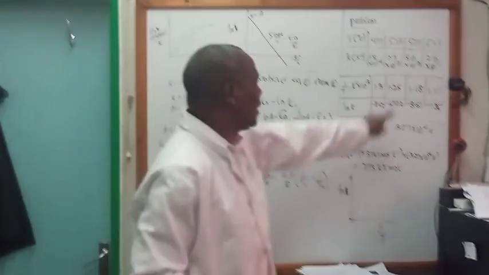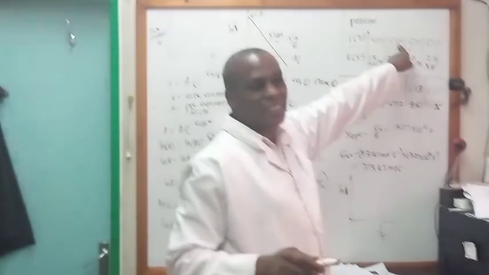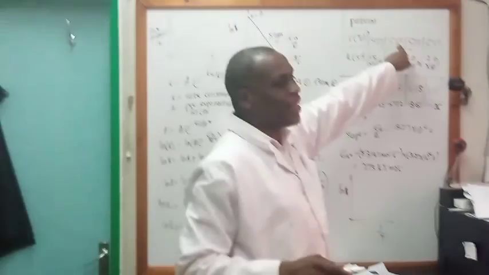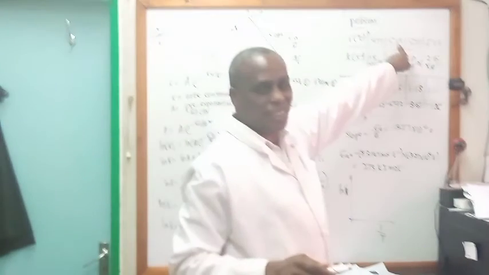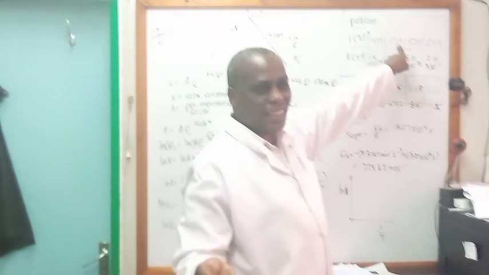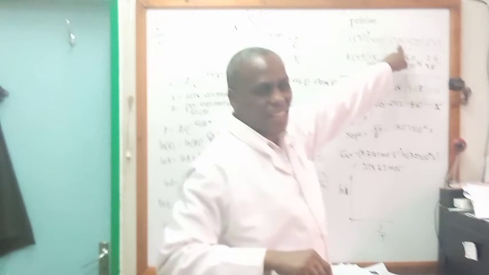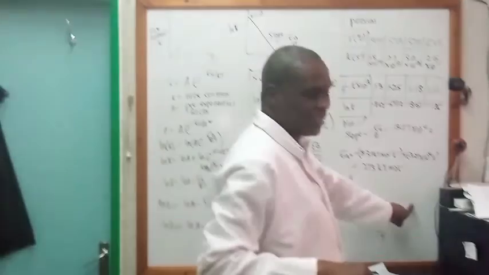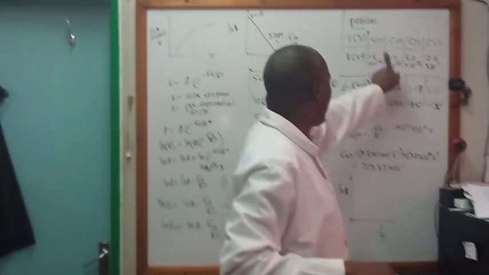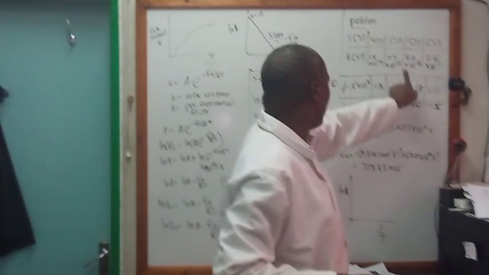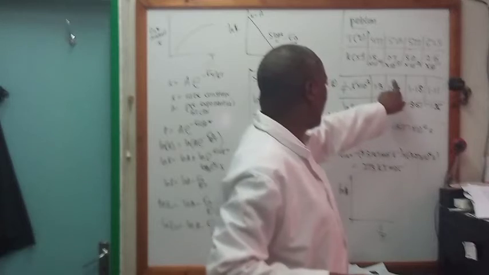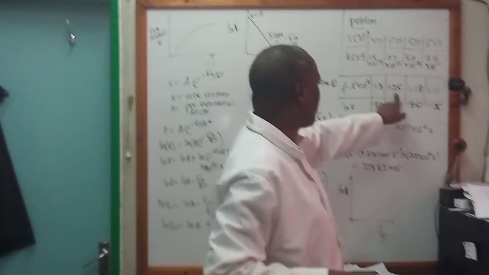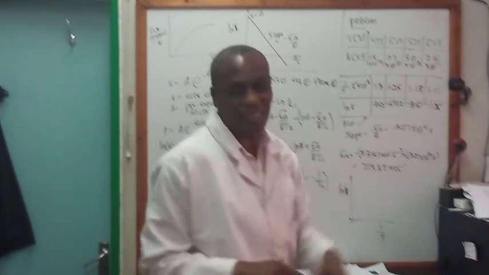So if this is the temperature in Celsius, I'm going to add 273 to get the temperature in Kelvin, and then I determine the reciprocal, and then I get a figure like, for this one, if I take that reciprocal, I'm going to get 1.25 times 10 to the power minus 3.